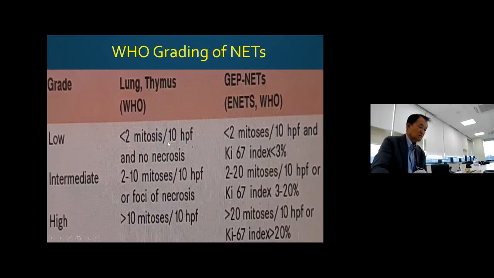Less than 2 out of 10 high power fields and no necrosis is low, but greater than 10 mitoses is high. So this grade is related to prognosis. And the Ki-67 index certainly correlates with this, this proliferation marker.